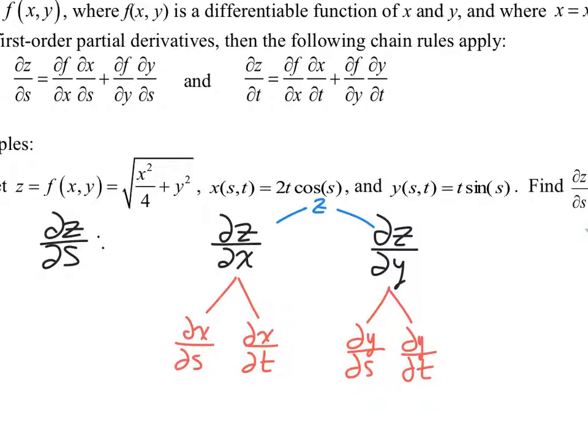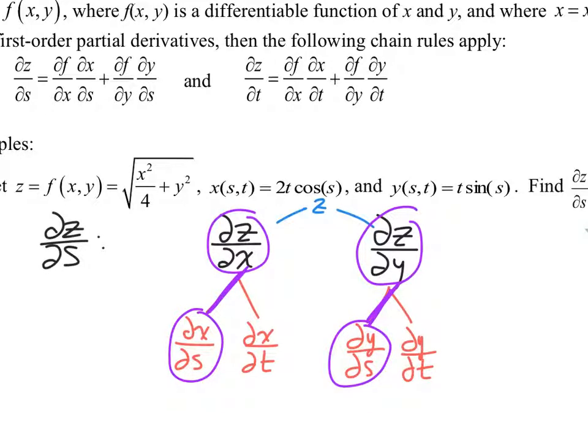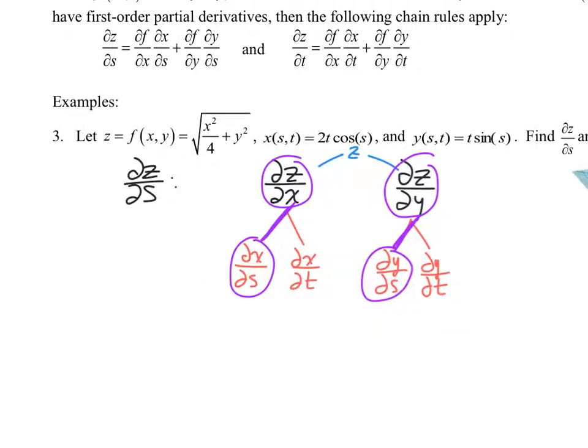All right. So that would be this branch and this branch. So my partial z with respect to s would be partial z with respect to x times partial x with respect to s plus, because it's an or situation, either I'm going to follow this pathway or I'm going to follow that pathway.